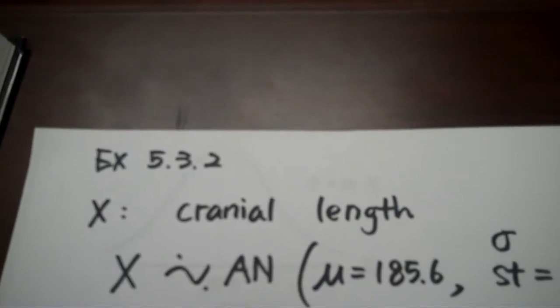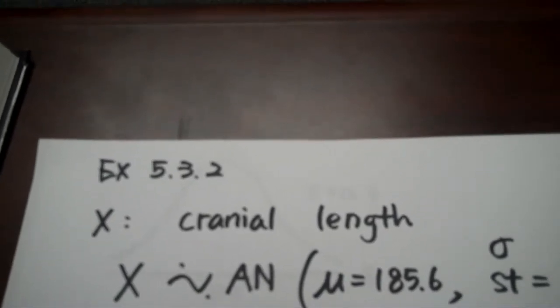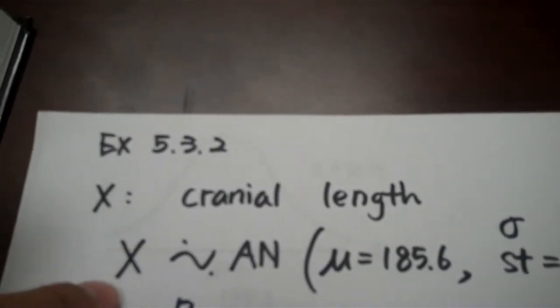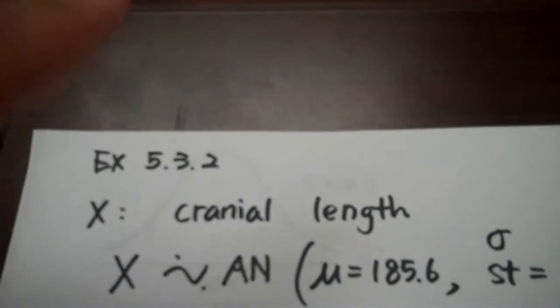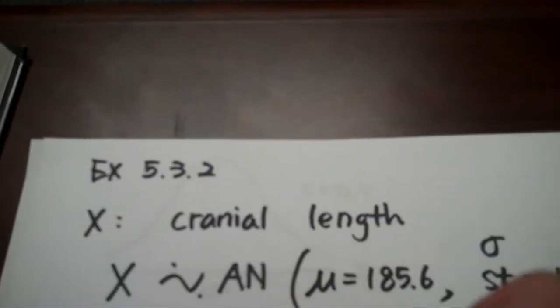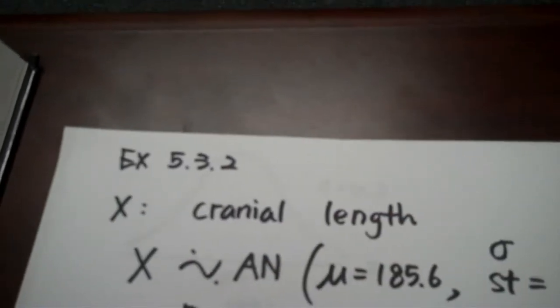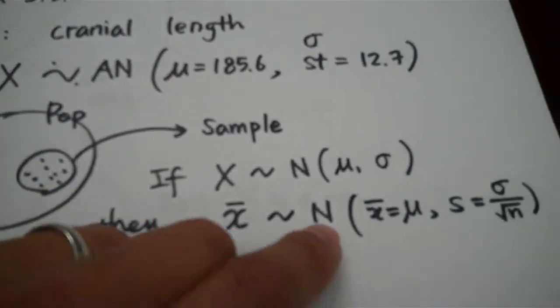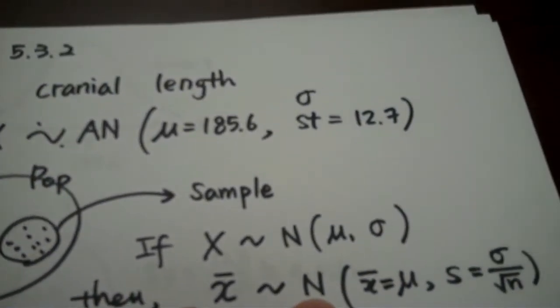If you read your chapter 5, you already know that if the variable x follows the normal distribution with a mean and standard deviation, then the sample mean follows the normal distribution.